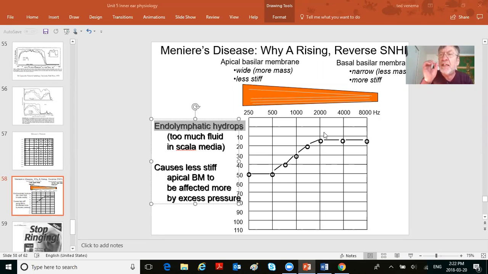And the thing about Meniere's disease, it's brutal. It comes in episodes, almost like a seizure. The person feels an aura, can tell it's coming, and gets three things happening at the same time. Rotary vertigo, so he's puking his guts out.